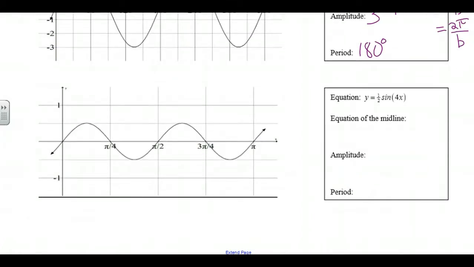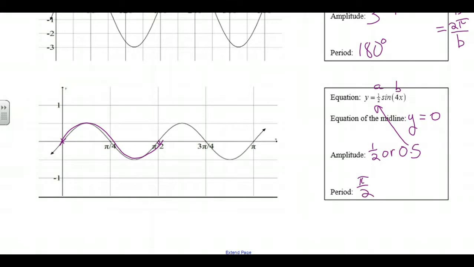This one, y equals 1/2 sine 4x. Again, that's A, that's B. What's the equation of the midline? Y equals 0. What's the amplitude? 1/2, right? 1/2 or 0.5, which is your A value. What's the period? Pi over 2. Yeah, so we complete one cycle when we hit pi over 2.